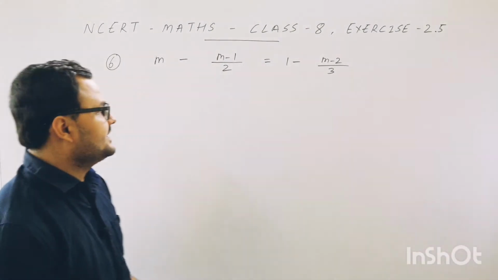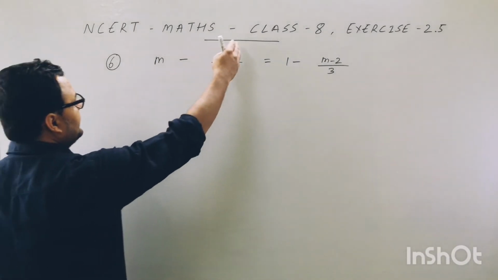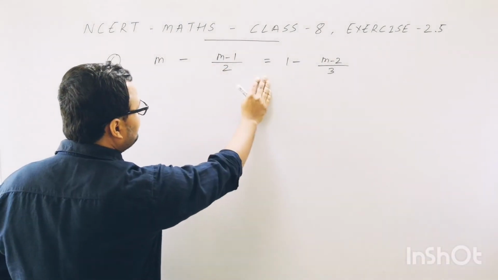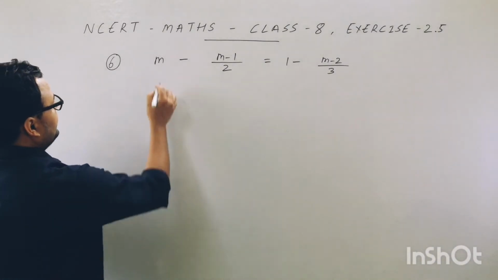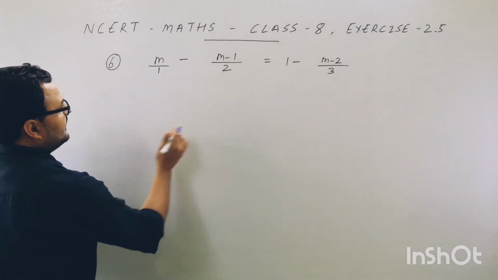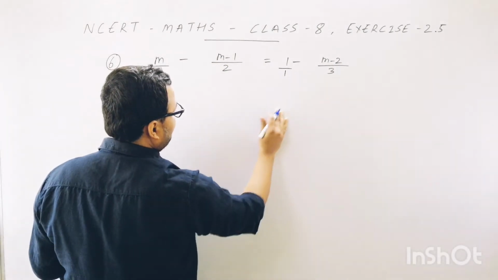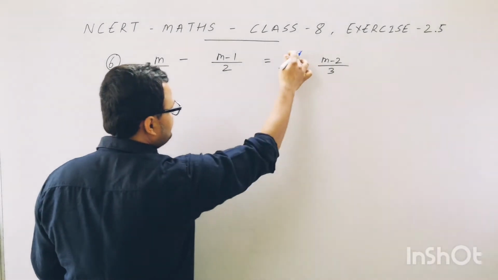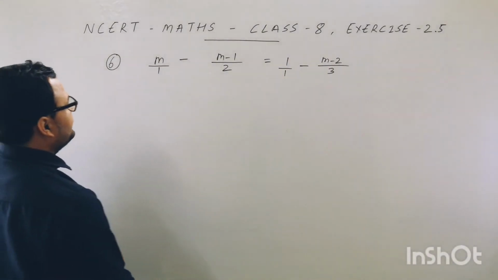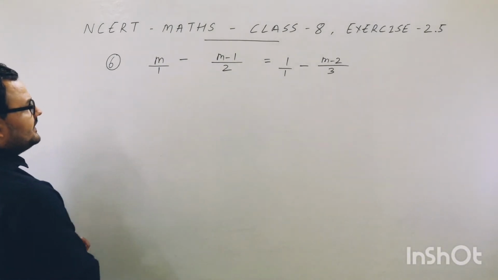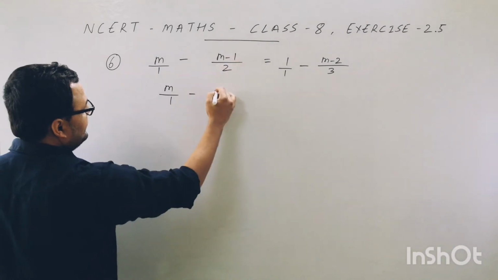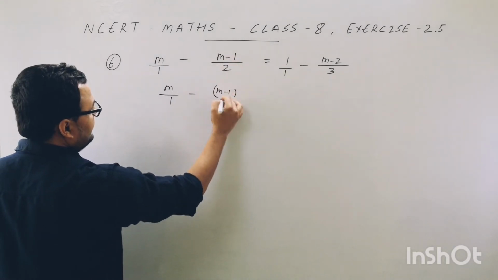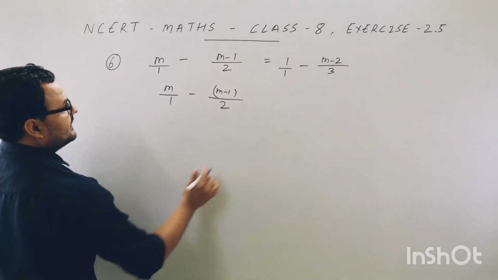Now question number 6. (m minus 1) by 2 equals 1 minus (m minus 2) by 3. So m, I can write as m by 1, and 1 is also equal to 1 by 1. I'm just doing this to make it easy. Again, variables on the left hand side. So m by 1 minus (m minus 1) by 2, they will come in a bracket together.